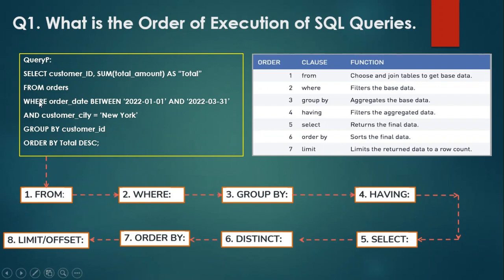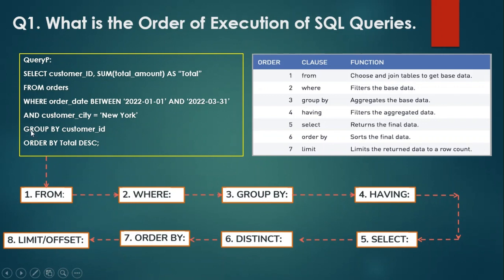In this question, in the where condition, there is an order date between 2022 January 1st and March 31st. Between that, data will be filtered, and again customer city equal to New York. Okay. So this execution starts second.